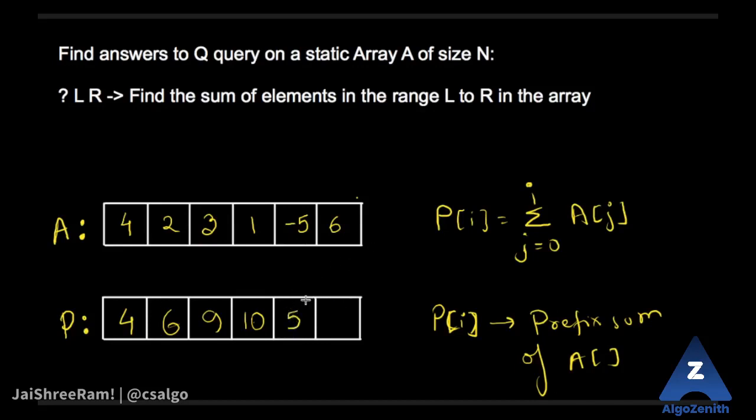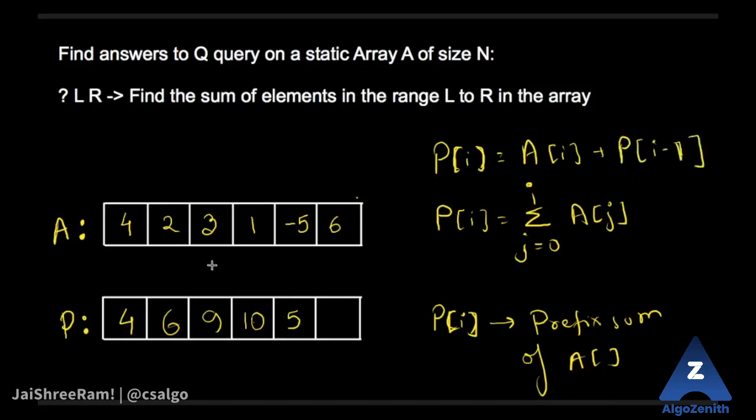But we can build it pretty easily using the relation that P of I is equal to A of I plus P of I minus 1. Why?